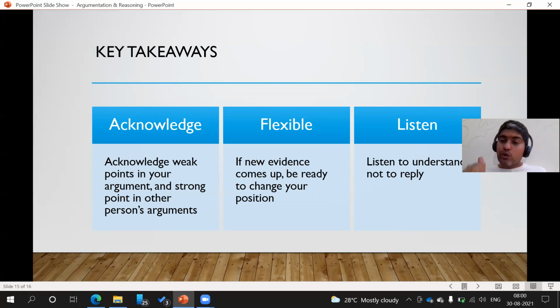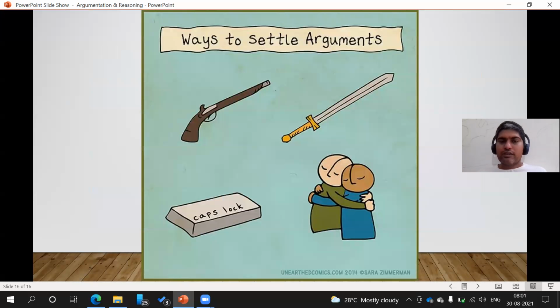Be flexible. If you are a critical thinker and you have taken a certain position, and new evidence pops up that challenges your existing position on the issue, be ready to change your position. Finally, listen not to reply, but to understand. That's how you can be a good arguer and be engaged in very healthy debates and discussions.